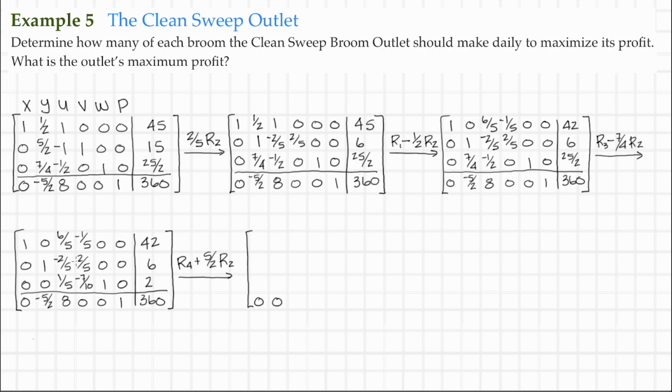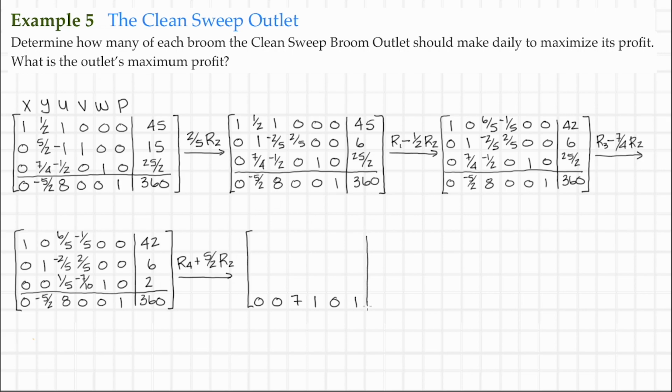Negative 2/5 times 5 halves, that's negative 1. And 8 plus negative 1, that's 7. 2/5 times 5 halves, that's 1. 0 plus 1 is 1. 0, 0, and 0. 0, 0, we bring down the 1.